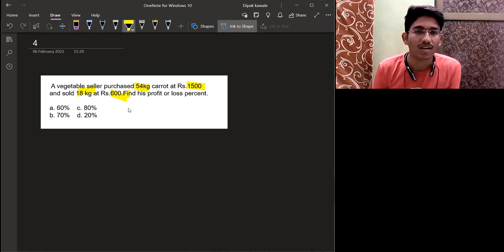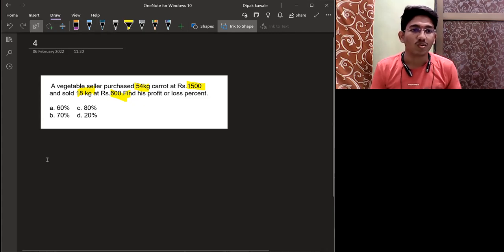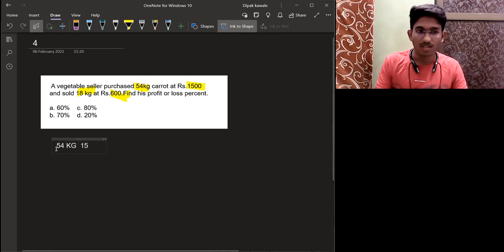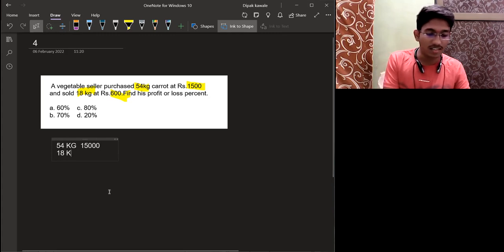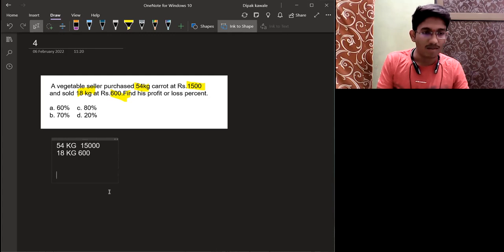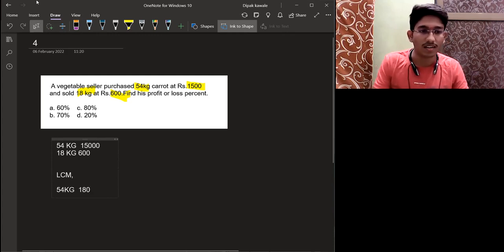So 600 multiplied by 3 is 1800. Okay, that means to visualize, 54 kg, 1500. Initially I am selling 18 kg for 600, but with the help of LCM now I am selling 54 kg for 1800.